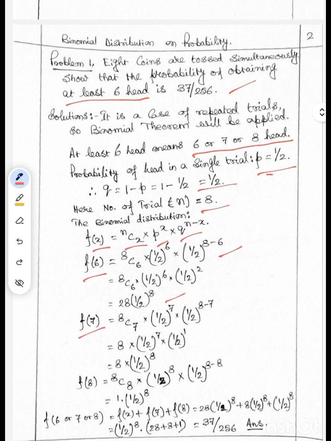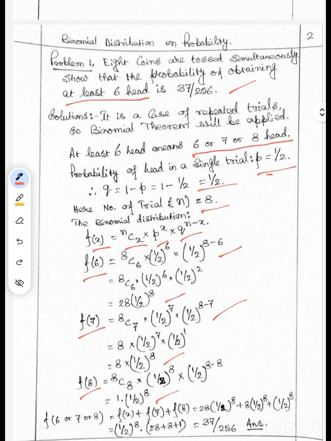Similarly, probability of 7 heads is 8 combination 7 into half to the power 7 into half to the power 8 minus 7, it comes to 8 into half to the power 8. And probability of 8 heads equal to 8 combination 8 into half to the power 8 into half to the power 8 minus 8. It comes to half to the power 8.